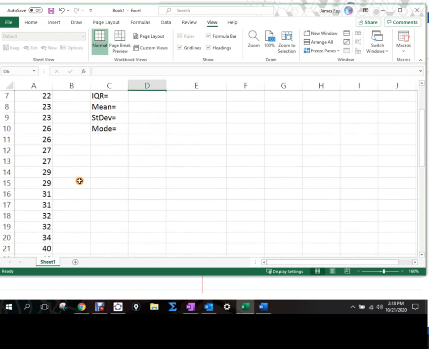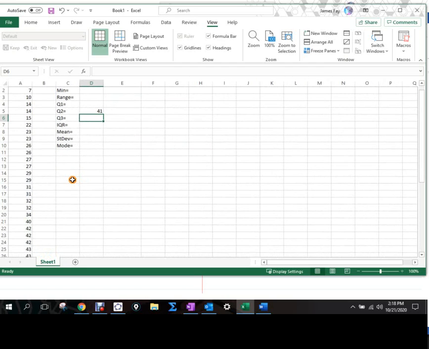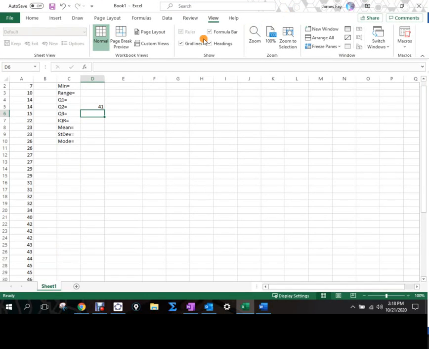Which makes sense if we come down here. If I have 42 pieces of data, I do the n plus 1 divided by 2 formula to determine the location of the median. So 42 plus 1 is 43, divided by 2 is 21.5, right?